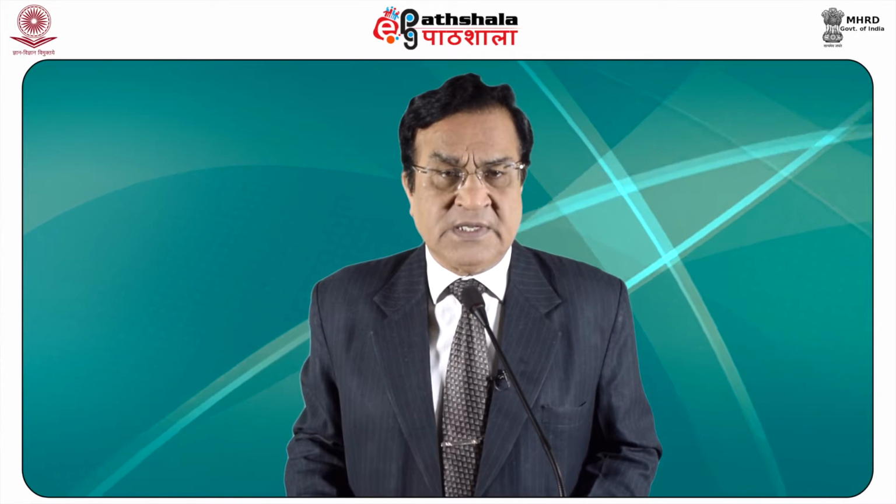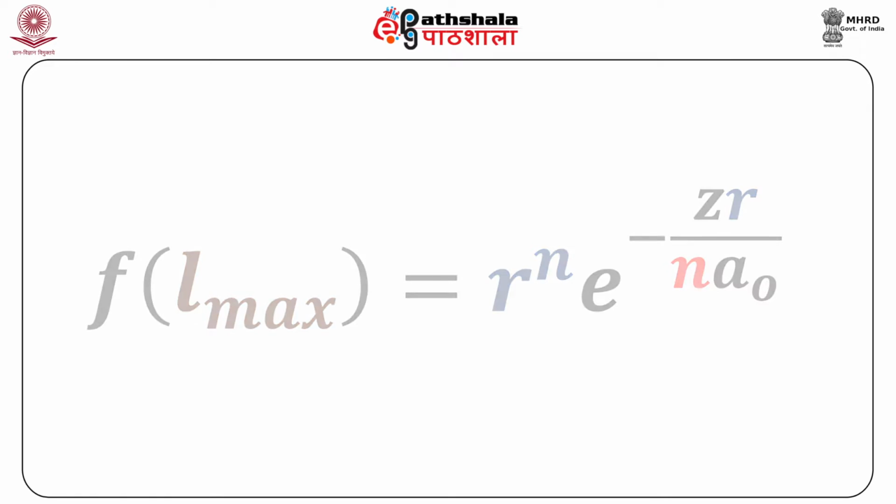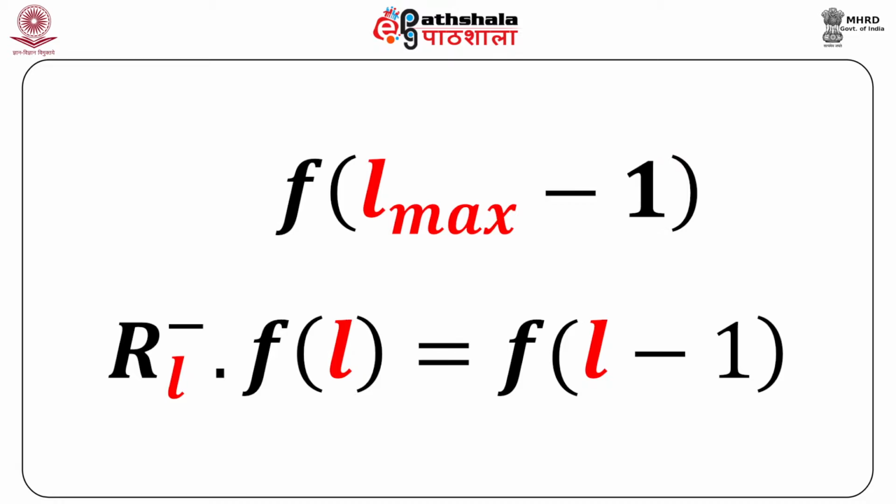And that is, we know that F_Lmax is given by r^n e^(-Zr/na0). Now, if we want to calculate F_(Lmax-1), that means we want to calculate R20, which will correspond to R2s, then we will use this very important property of the annihilation operator, and that is R_L^- F_L is equal to F_(L-1).